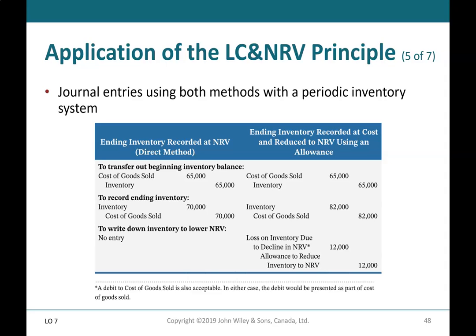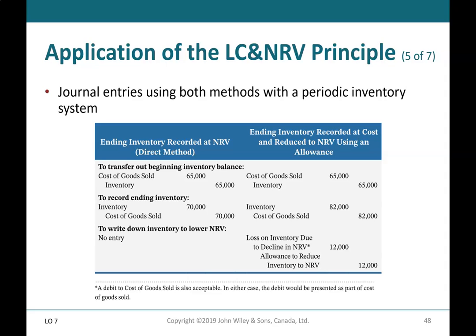So under the direct method, to transfer out beginning inventory balances, you debit cost of goods sold and you credit inventory. So that's the same under the allowance and direct method. Then to record ending inventory under direct method, you would debit inventory for 70,000 and credit cost of goods sold for 70,000.